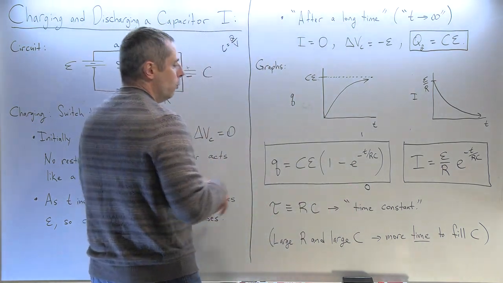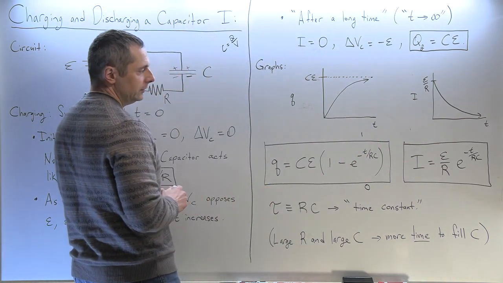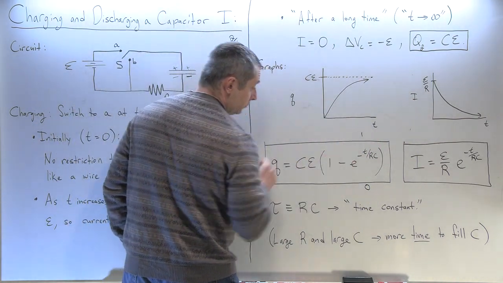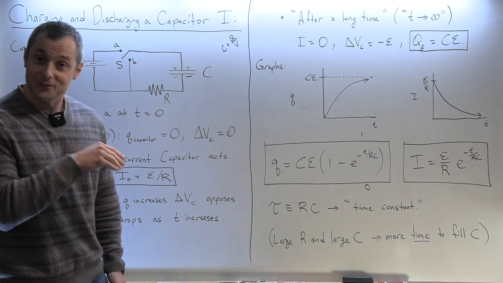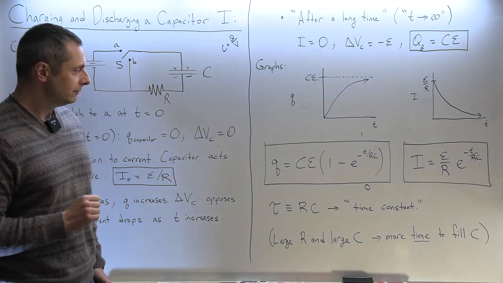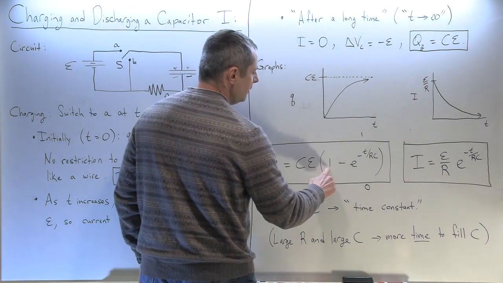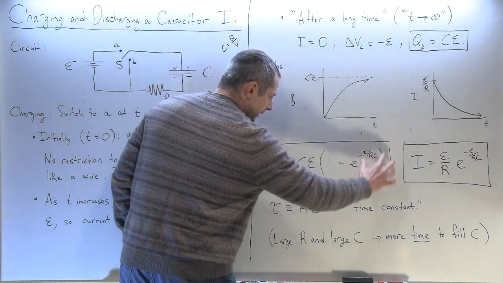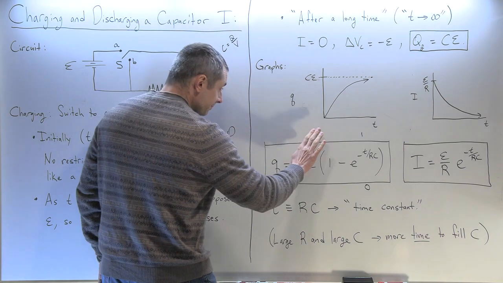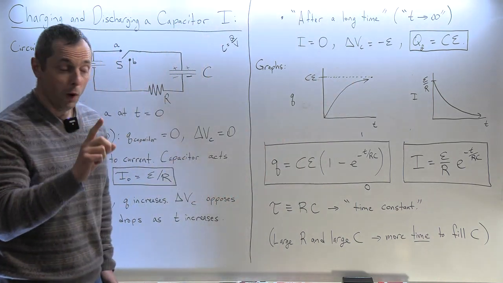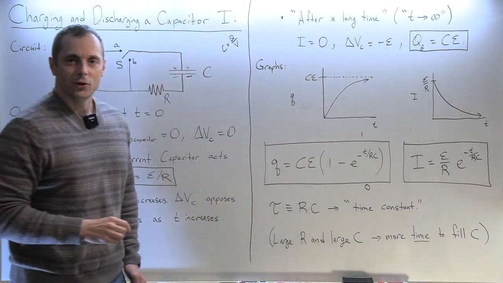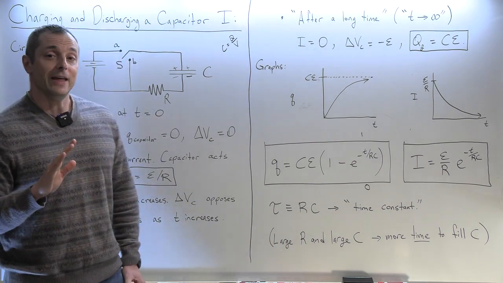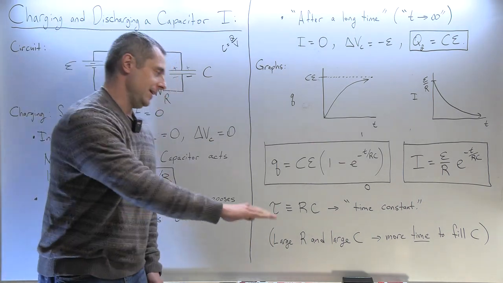So 1 minus the exponential starts at 1 minus 1, so it starts at 0 instead of starting at 1, and then it rises to 1 minus 0, or 1. So this function begins at 0 and rises to 1 times this. A brilliant little function that rises instead of decays.